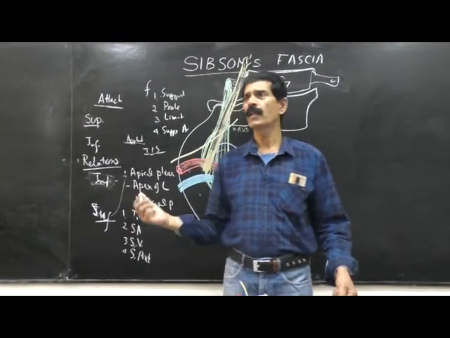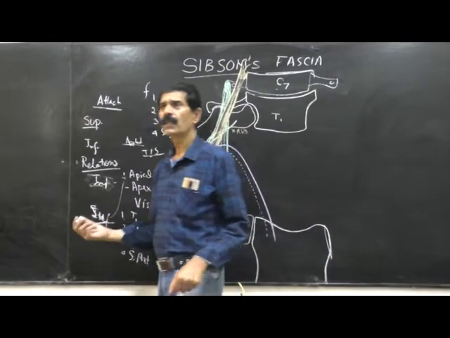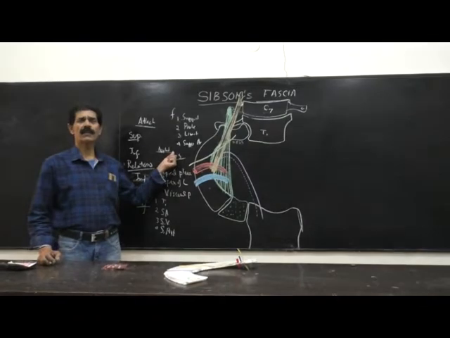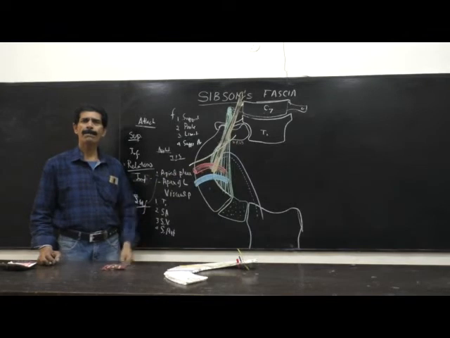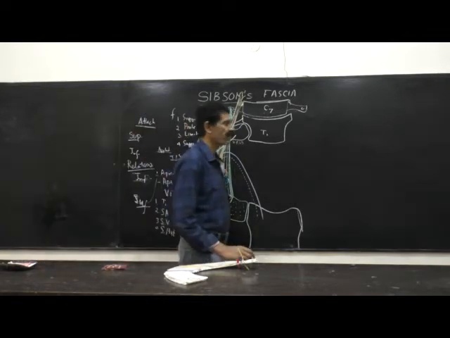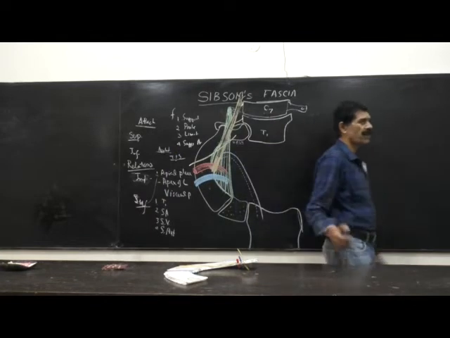So that is how we completely do the Simpson fascia with its relations, the function, and the applied anatomy along with the diagram. It's a very important university question, may be asked. Write a short note, then you have to go systematically.